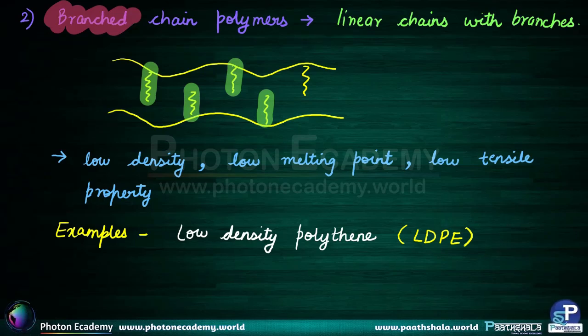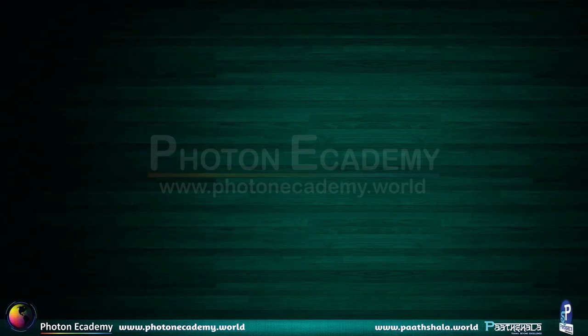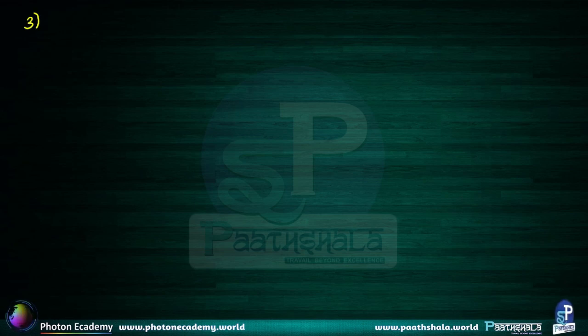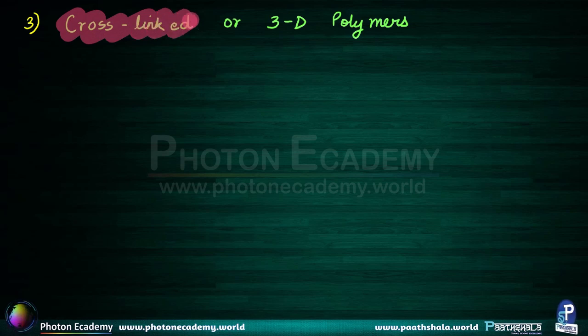Now we move on to the third category that we discussed under classification on the basis of structures of polymers. The third category is known as cross-linked, or they can also be called 3D polymers. As the name suggests, they are cross-linked. What is that supposed to mean?